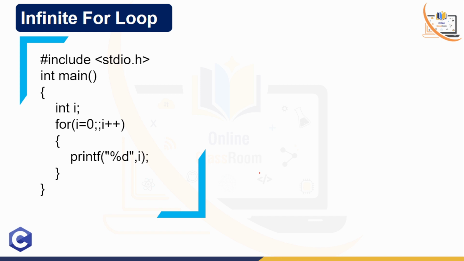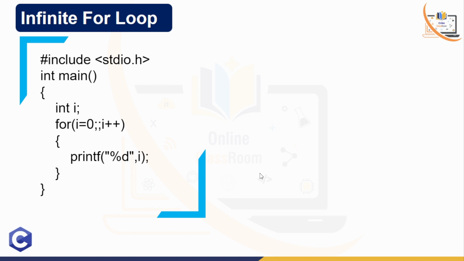The first way is that the value of i equals 0, but there is no condition, which means it runs infinite times, and i will keep incrementing, so there is no limit on how many times i will increment.